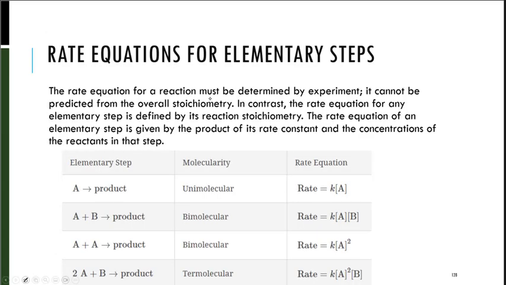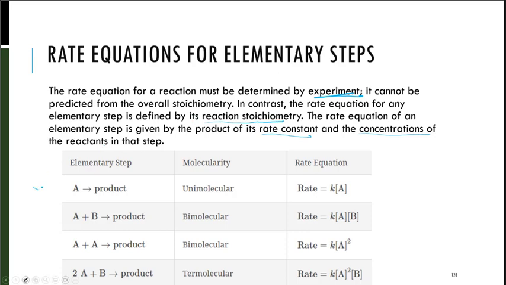The rate equation for a reaction must be determined by experiment. It cannot be predicted from the overall stoichiometry, and this is true for every one of our rate laws that we've done. In contrast, the rate equation for any elementary step is defined by its reaction stoichiometry. The rate equation of an elementary step is given by the product of its rate constant and the concentrations of the reactants in that step.